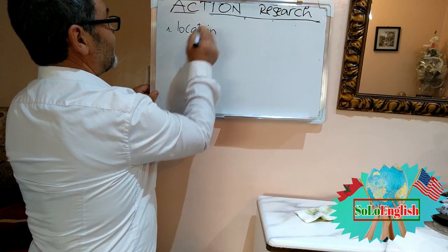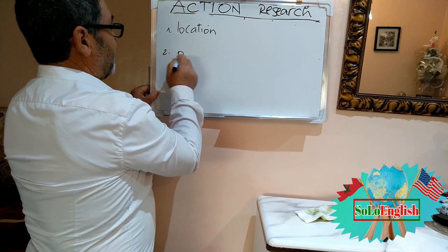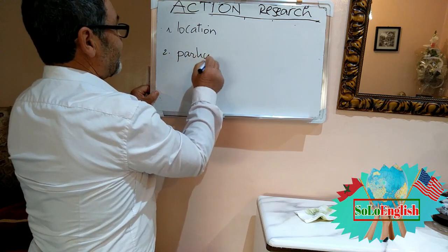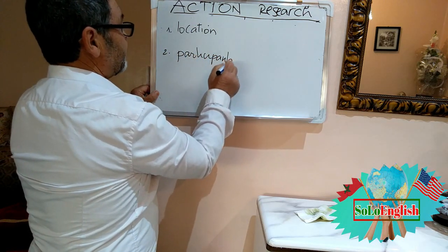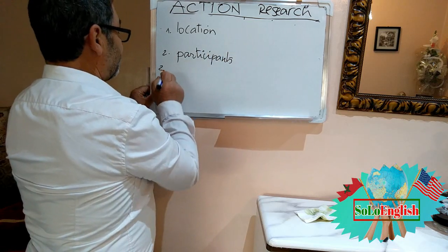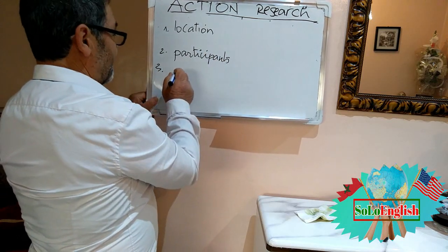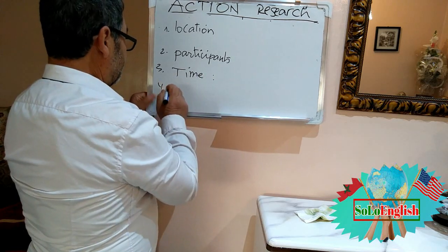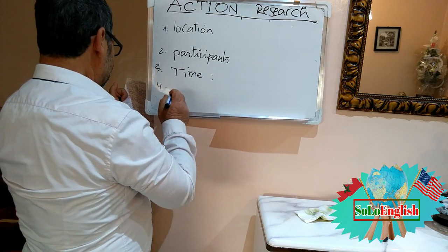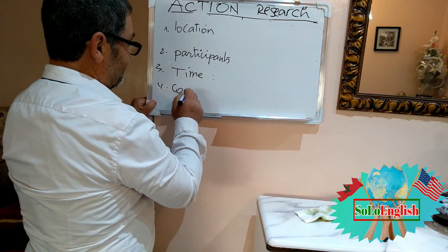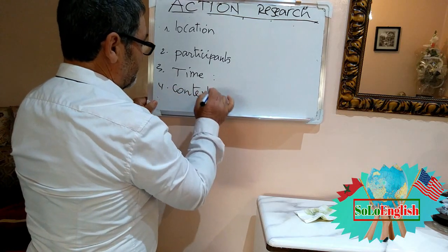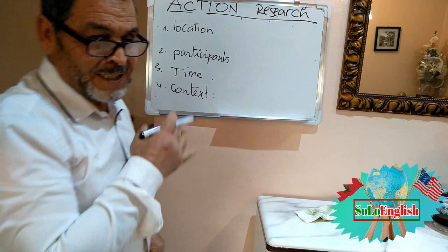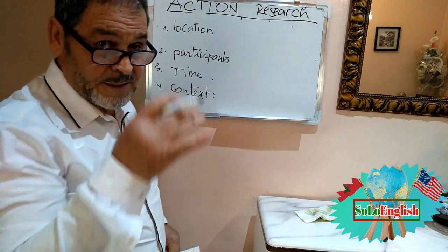This is important. Participants, and number 3 is time, and number 4 is context. So to implement an action research, we need this procedure.